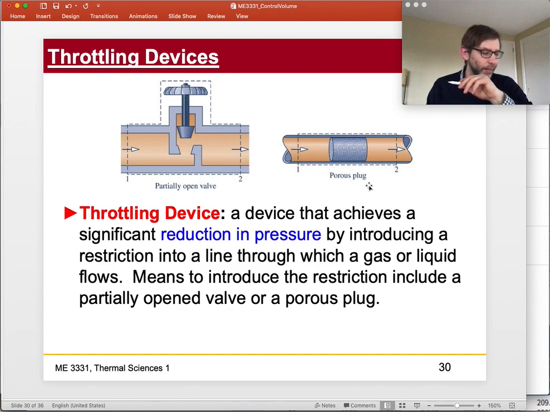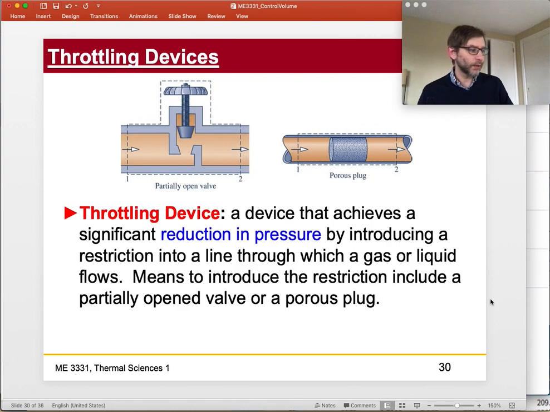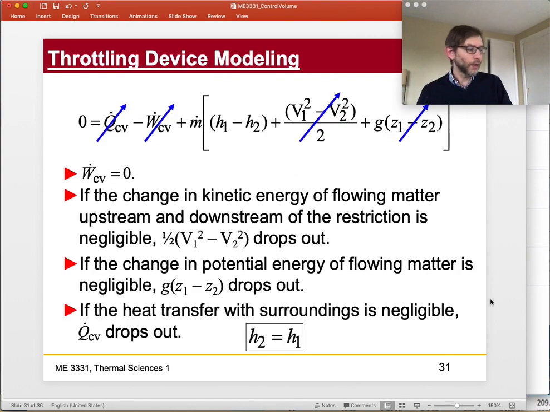And we can analyze that from a thermodynamics perspective, so we can develop our equations for that. Any throttling device is a really simple first law analysis, because obviously the mass flow in is the mass flow out.